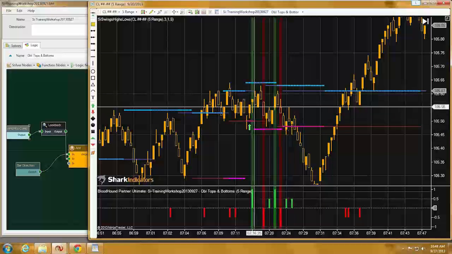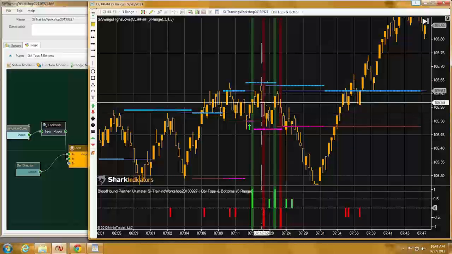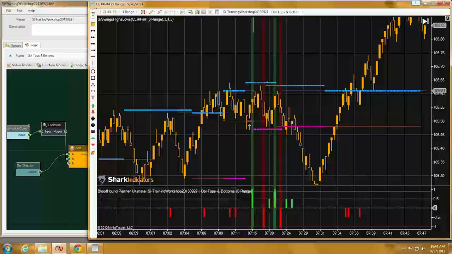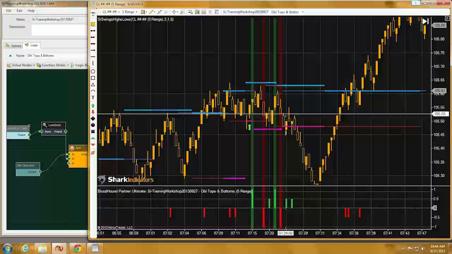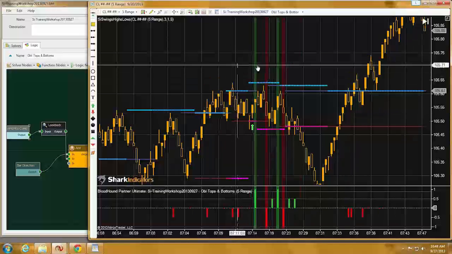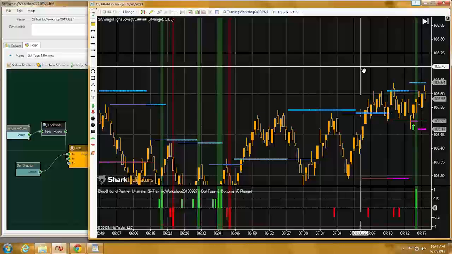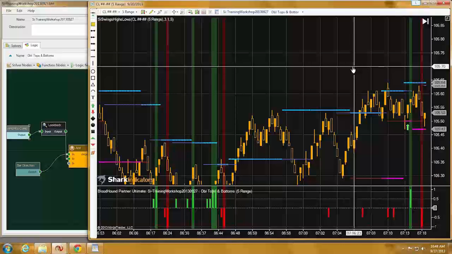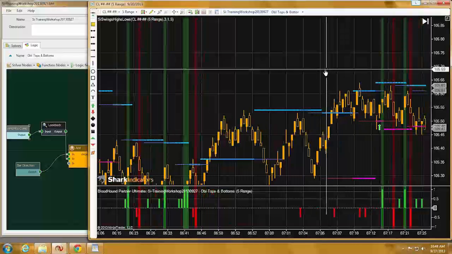In hindsight, obviously we can say these didn't work out, but if you were watching this in real time, you really don't know until price moves forward. If I didn't have any hindsight and was watching these in real time, I'd say these probably were good signals, even though they just didn't work out.